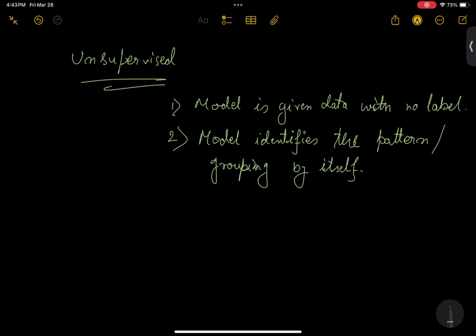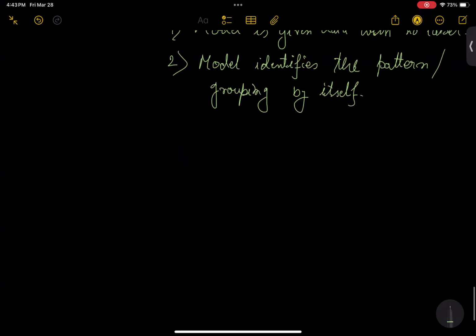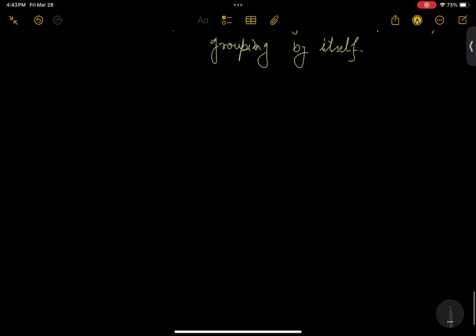Then the results are interpreted by us, by human experts, later, and we say that this is the right result or this is the wrong result. That is on us. Before we go to the algorithms, let's understand some of the key challenges.